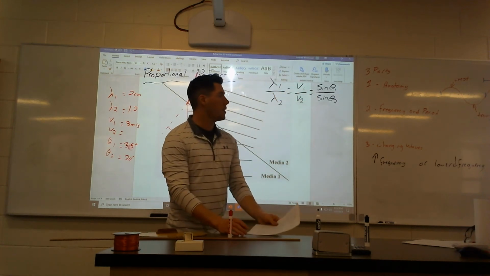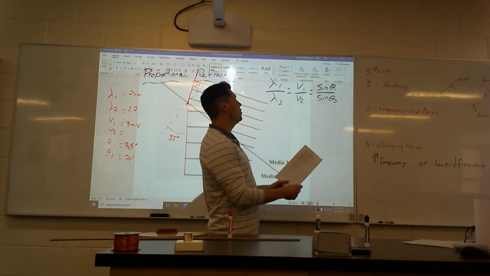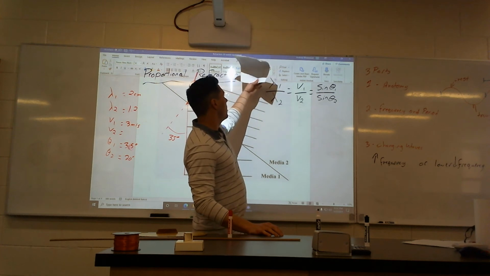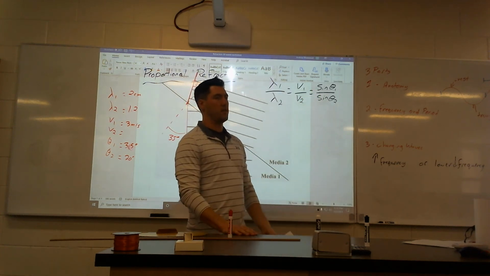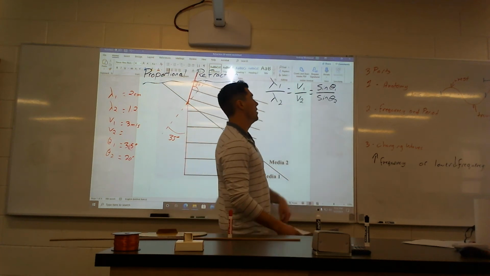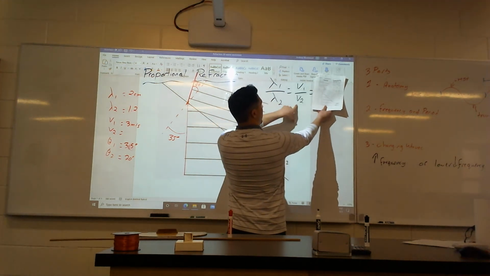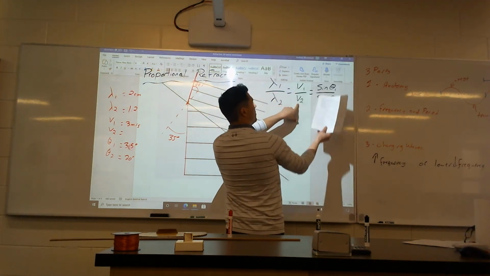I can just cover up one of the sides and then just use the information that I have for that. So I have wavelength 1 and 2. I also have angles, but I don't really want to work with the angles right now just because it's a lot of sine work. So I'm going to use this part of the formula to find V2. I have this. There's my one variable, and so awesome.